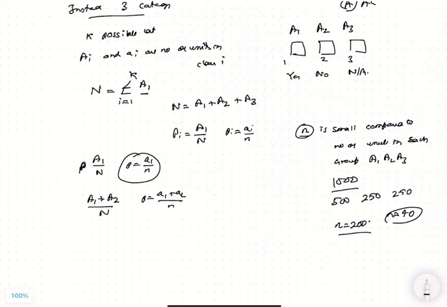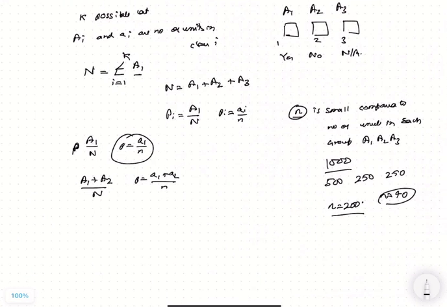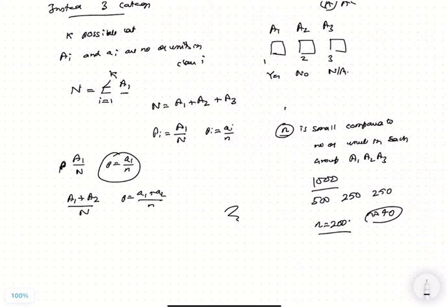Or there is another thing we can do: we can ignore A3 completely. We can say that we're going to ignore this whole thing, and then p will just be A1 upon A1 plus A2. In this case, we have an n dash, which will be A1 plus A2 only, instead of A1 plus A2 and A3, and you can use the same formula using n dash.